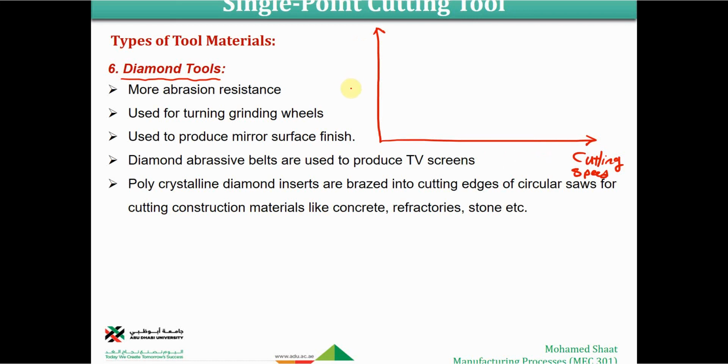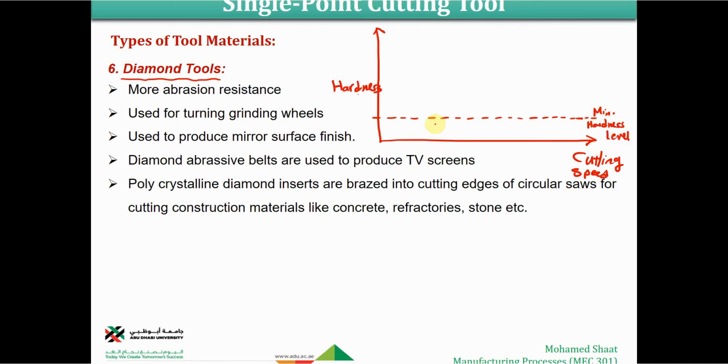In the meanwhile, this vertical axis is the hardness of the material. And let us assume that this level is the minimum level below which we cannot accept this material as a tool. This is the minimum hardness level.